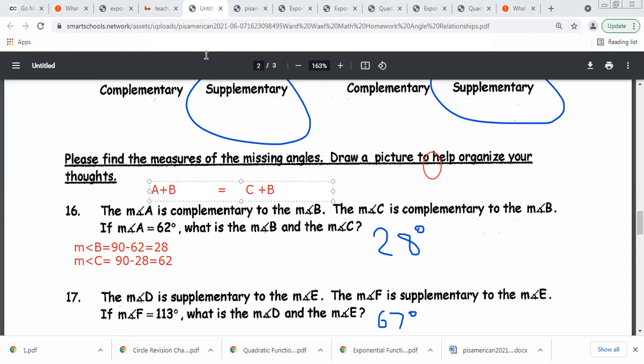If we cancel B with B, then A should be equal to C, right? So we have now B equal to 28, and C equal to 62.